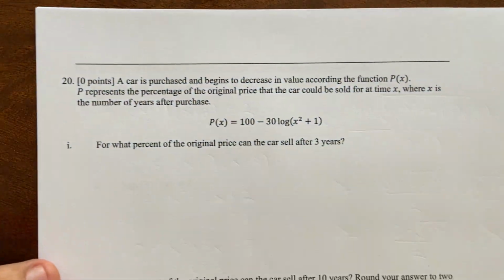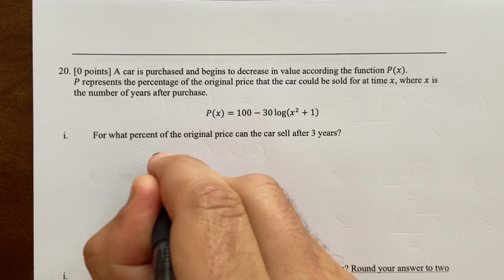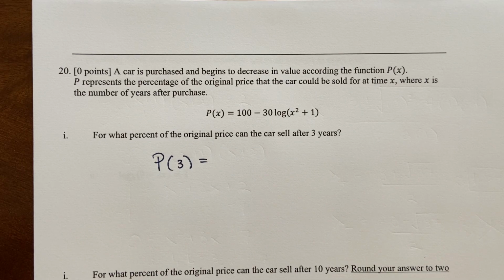All right, this one says a car is purchased and begins to decrease in value according to this function p, where p represents the percentage of the original price that the car should be sold for at time x, where x is the number of years after purchase. So for what percent of the original price can the car sell for after 3 years? So p of 3.